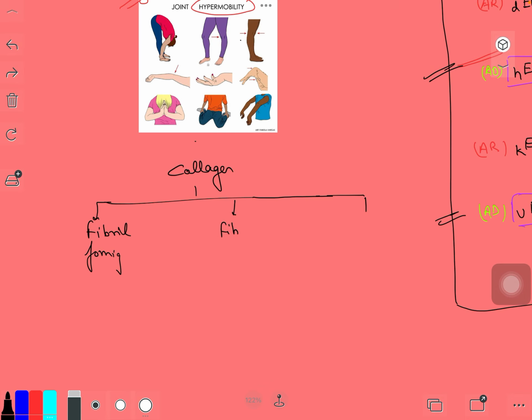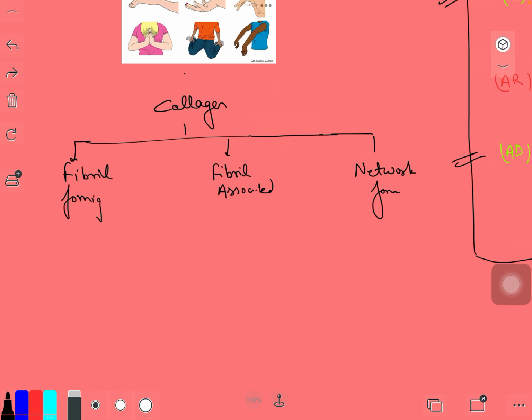Then there is fibril associated, and lastly network forming. The network forming is distributed majorly in the basal lamina of tissues. For the fibril associated and the fibril forming, most of the areas of distribution are kind of common.